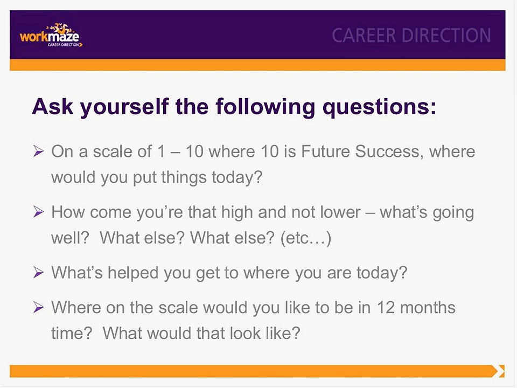But the next question to think about is what's helped you get to where you are today. So if you're 4 on the scale, well, what's helped you get to that position? What have you done that has helped you make progress? What have other people done that's helped you make progress? And where on the scale would you like to be in 12 months' time?